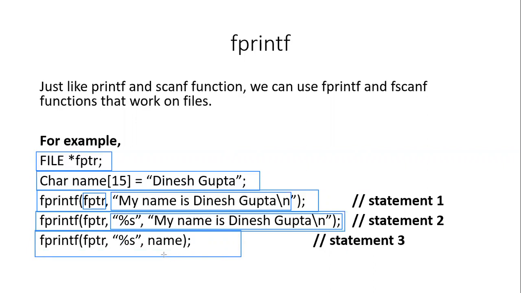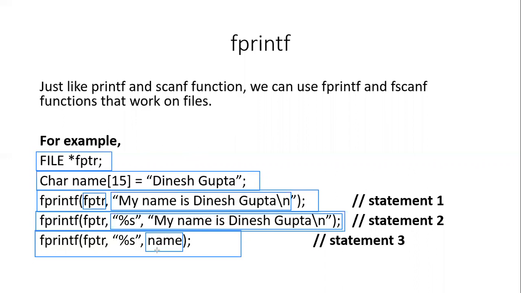Because it is the value of the variable, you can see that the third and the last parameter of the fprintf function is given without double quotes. If I had written name in double quotes, it would have been the string literal or string constant. Because I have not used the double quote, it means that I am using some character array.